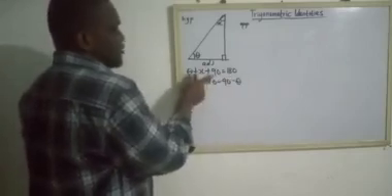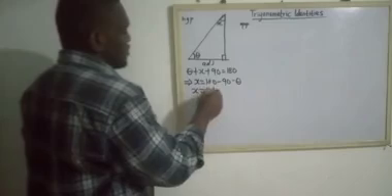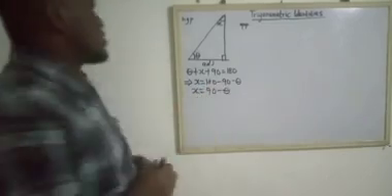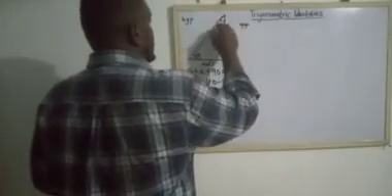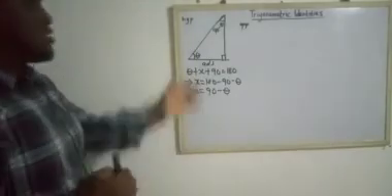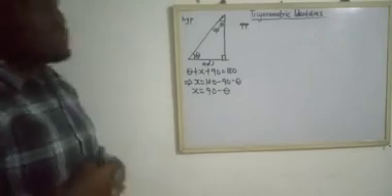So I am making X the subject of the formula, and X will become 90 minus theta. Okay, so that is my value for X, and I can just replace X with 90 minus theta.